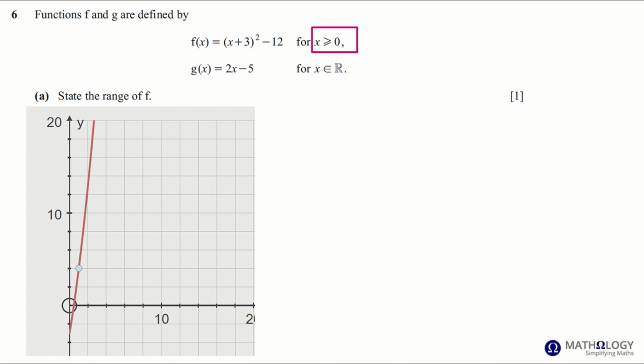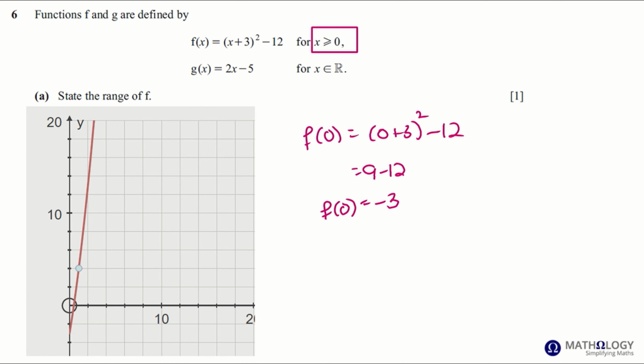Now the function f of x equals (x plus 3) all squared minus 12 for x greater than or equal to 0. Basically we need to know where the function starts when x equals 0. So f of 0 will be (0 plus 3) all squared minus 12, which is 9 minus 12, which is minus 3.